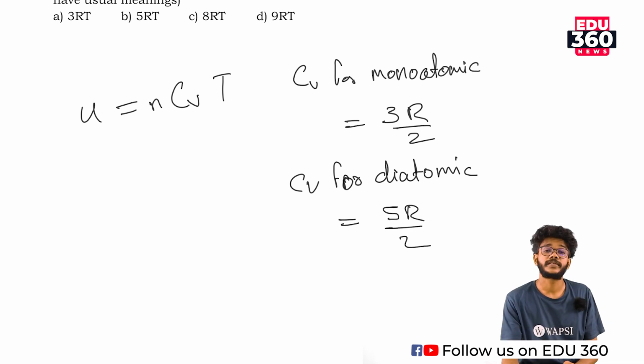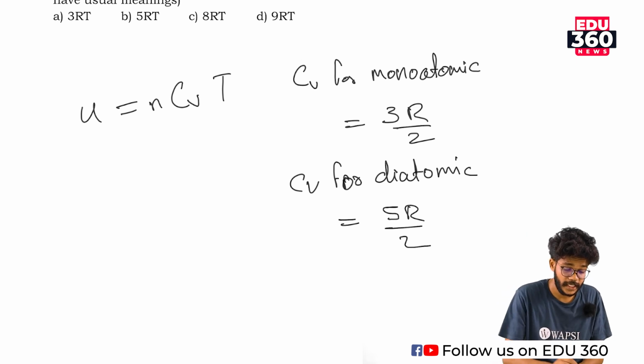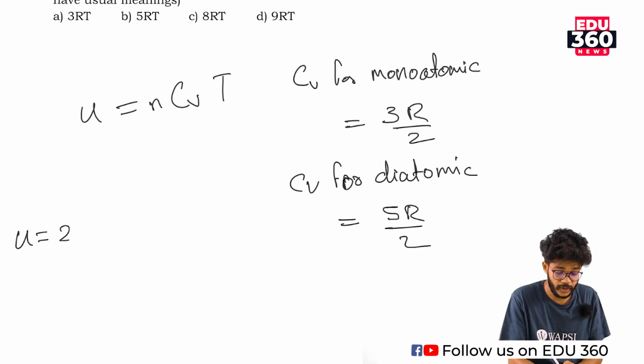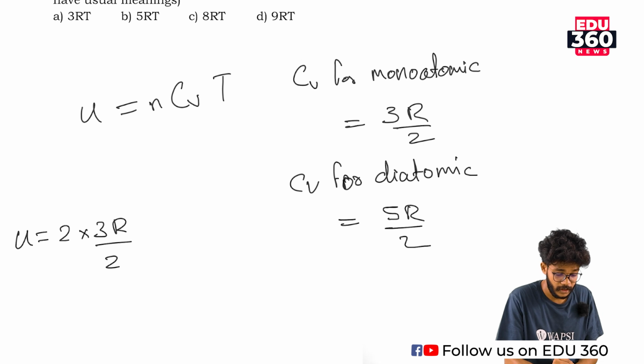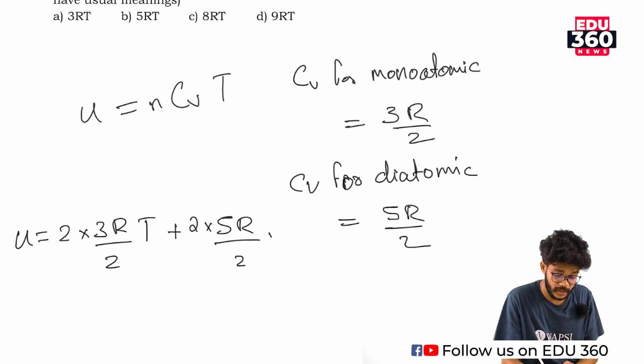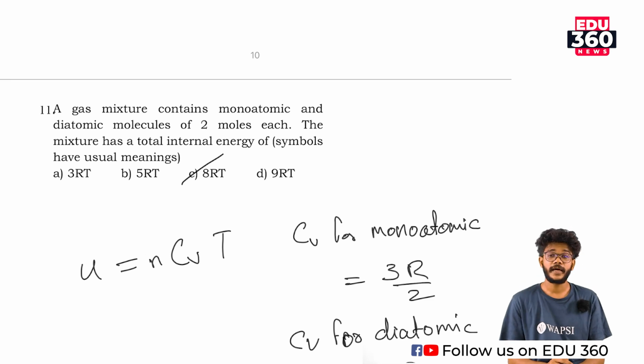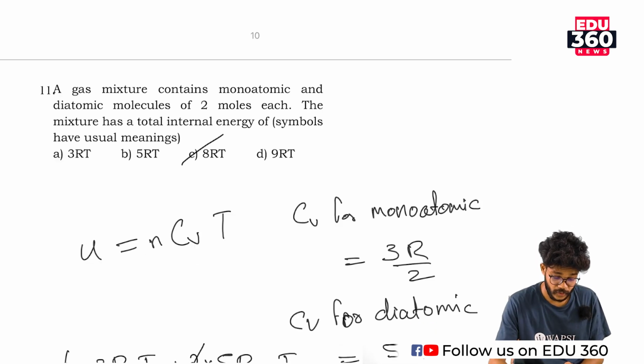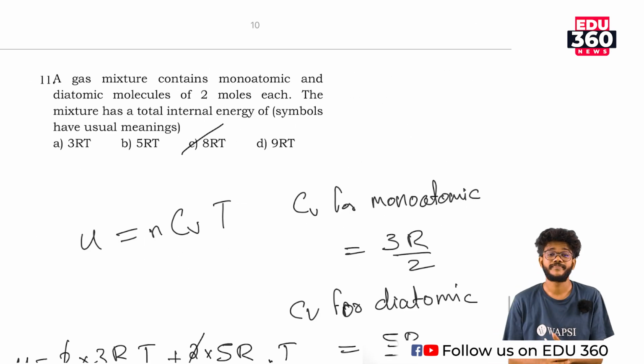So total internal energy U is equal to 2 into 3R by 2 into T plus 2 into 5R by 2 into T. That means 2 and 2 cancel. 3RT plus 5RT is 8RT. Option C is the correct answer. Okay, so, thank you.